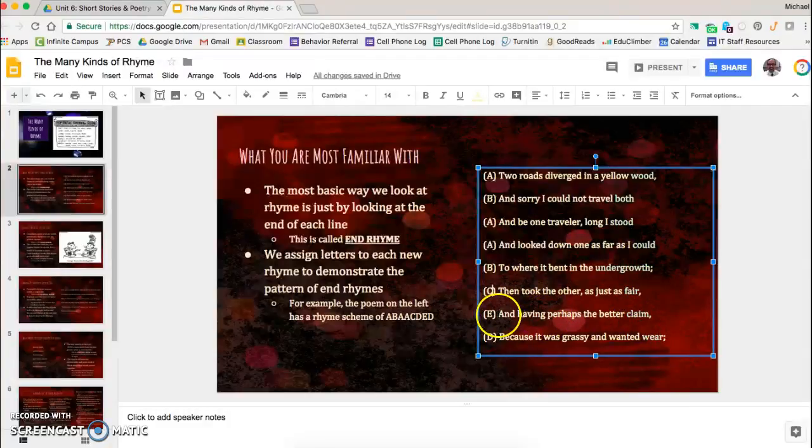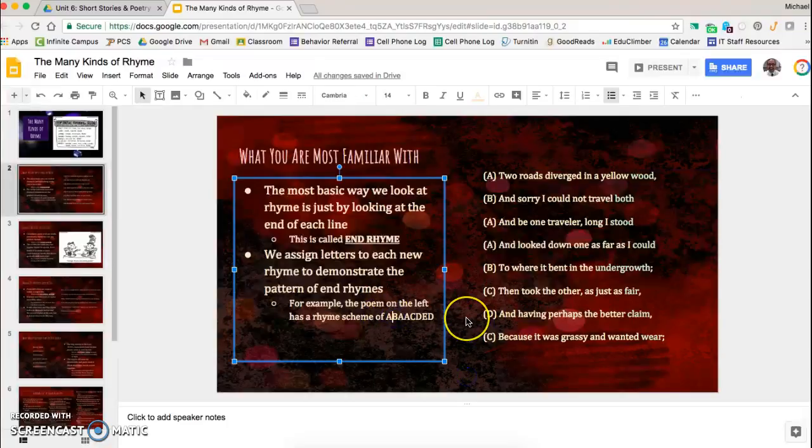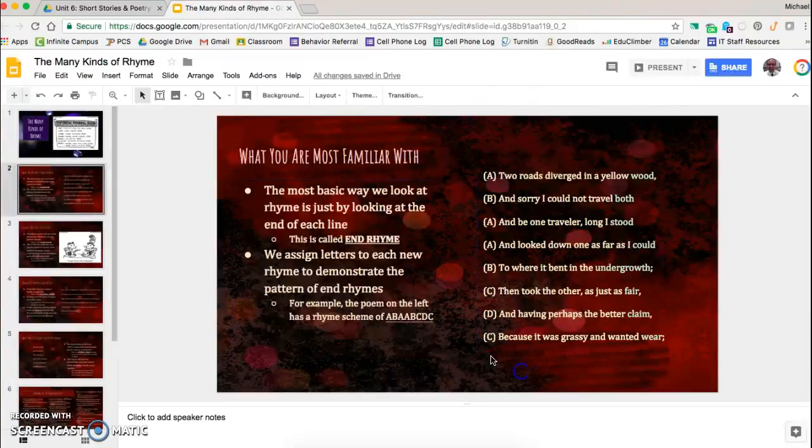And having perhaps the better claim, should be a D now, because claim does not rhyme with anything else, so we go to the next letter. Because it was grassy and wanted where. Where rhymes with fair, so it should get the same letter, which now is C. So the way that we would describe this is A, B, A, but then it's B, C, D, C.